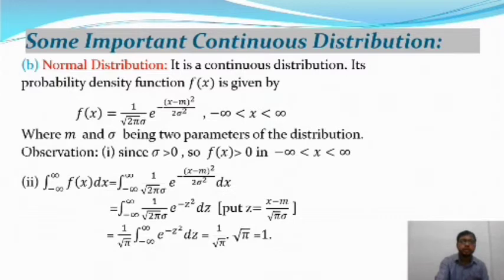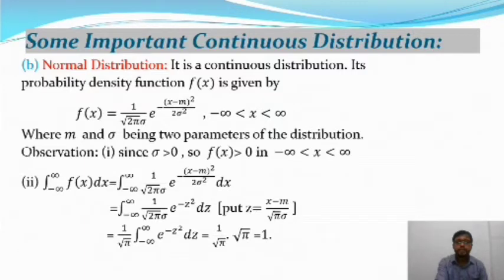So in a normal distribution, the integration over minus infinity to plus infinity of f(x) dx is equal to the integration of 1 by root over 2 pi sigma into e to the power minus (x minus m) whole square by 2 sigma square dx, where sigma and m are the parameters. Now we take (x minus m) by root over 2 sigma, and this is equal to say z.